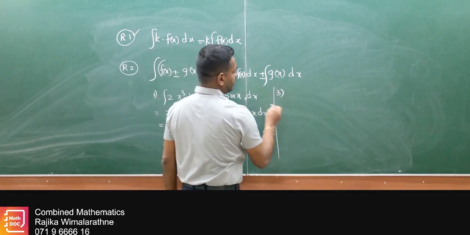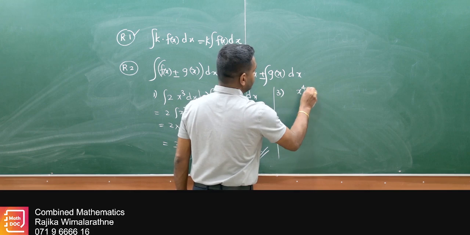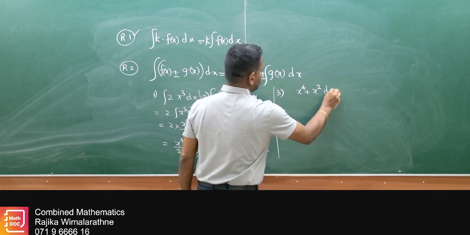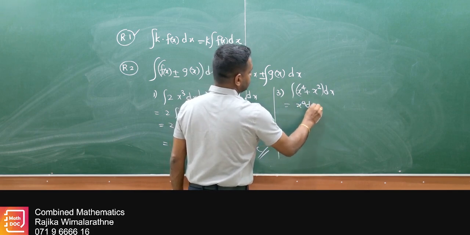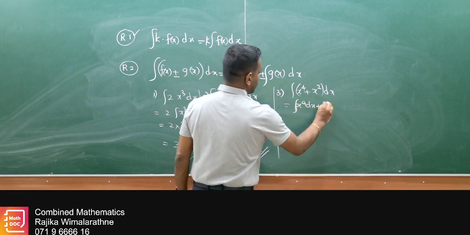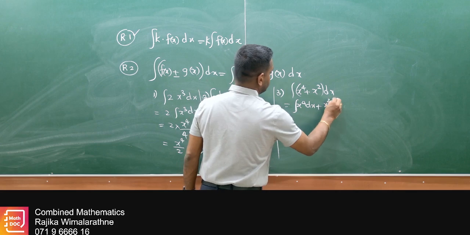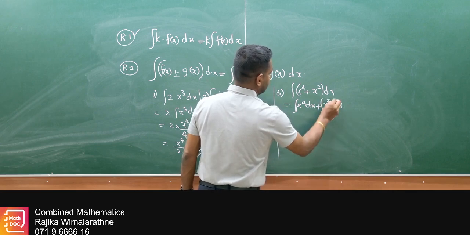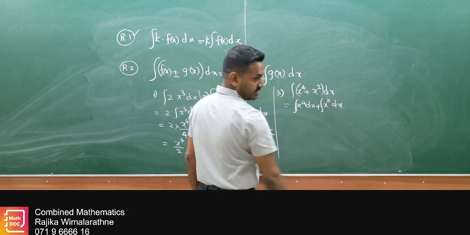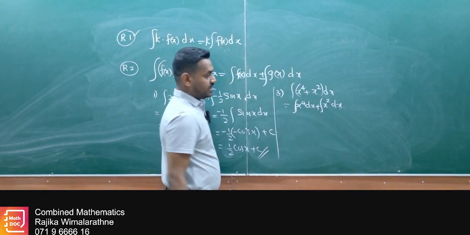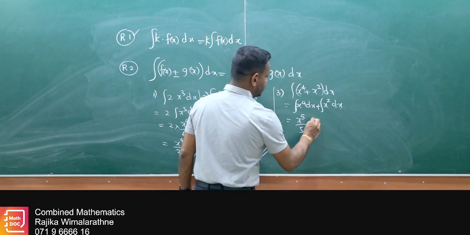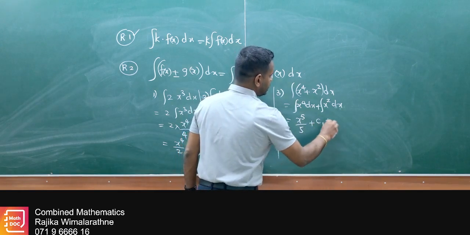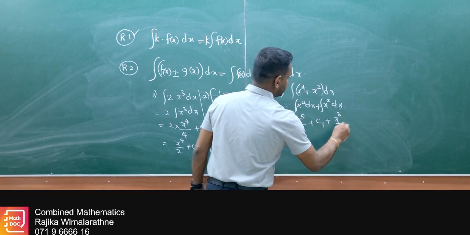Then example 3. If you have x to the power 4 plus x to the power 2 dx, you can separate: x to the power 4 dx plus x to the power 2 dx. Don't write integral without dx. dx is a must. Then x to the power 5 divided by 5 plus c1, x to the power 3 divided by 3 plus c2.